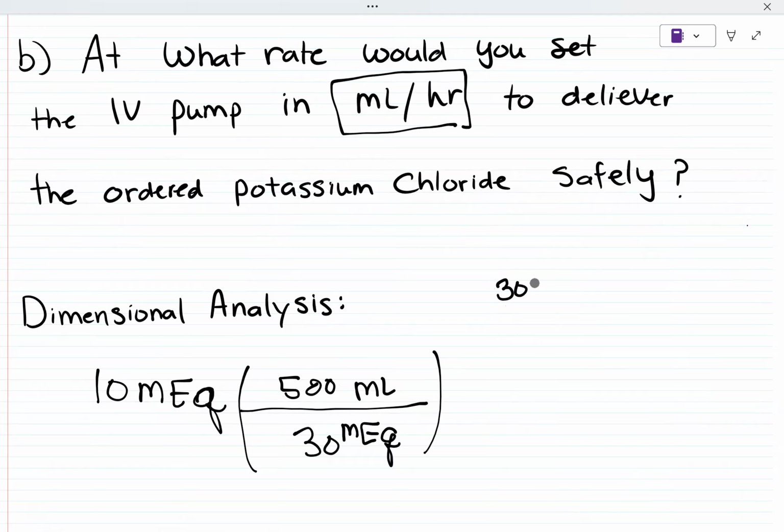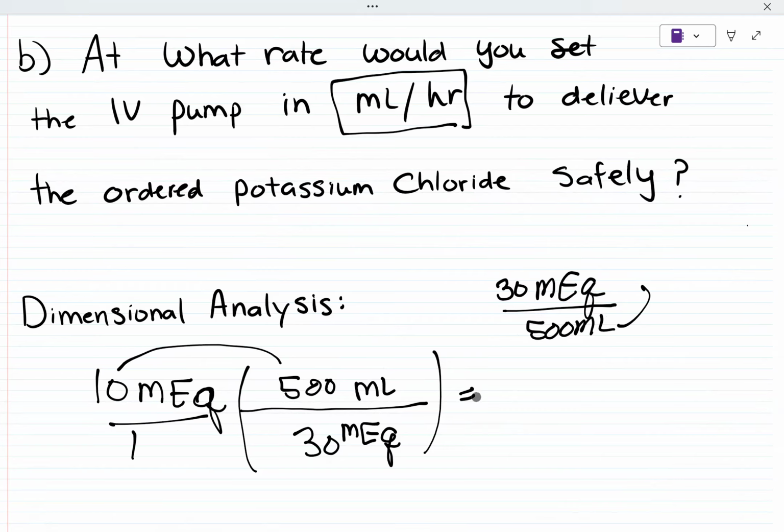So this was given as we had 30 mEq over 500 milliliters. And as you can see, we had to flip it. We had to put the milliliters on the top and mEq on the bottom because that's the only way we're going to get mL. And then if you multiply across, this is going to be 10 times 500, and then this is going to be 1 times 30.